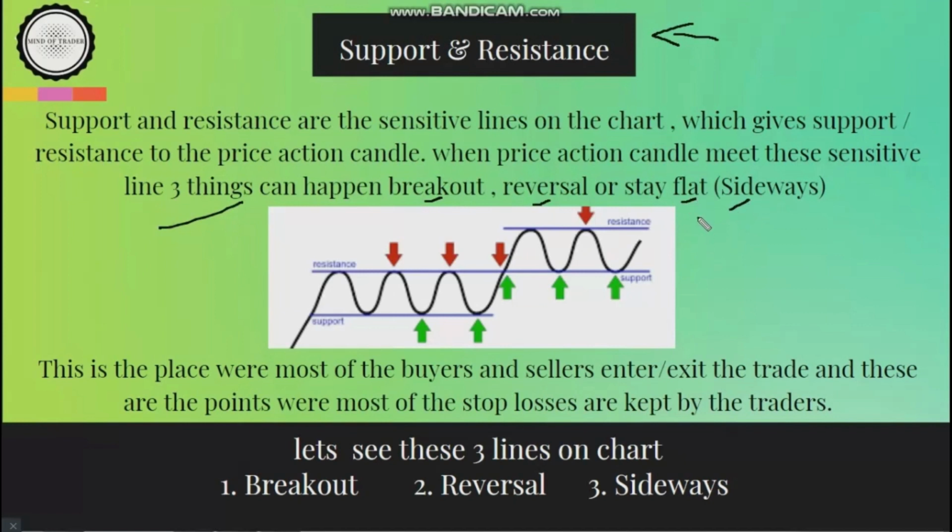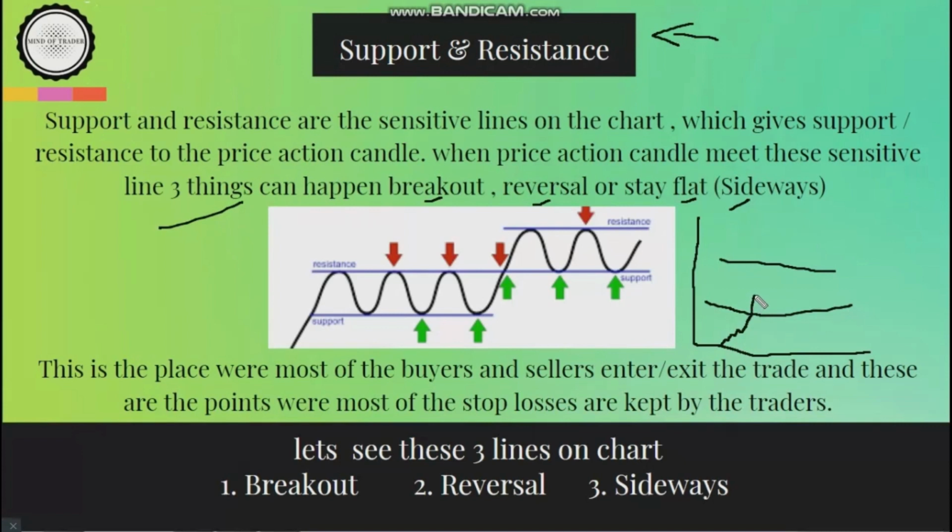Let me explain this with a very simple chart example. Let's say this is a chart and we have two sensitive lines here, 1 and 2, and these are price action candles which are going up. In the first scenario, when it touches the sensitive line, it is able to break this sensitive line, which is resistance, and give a clear breakout.